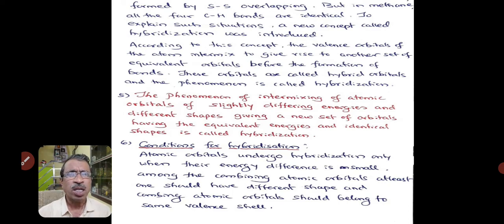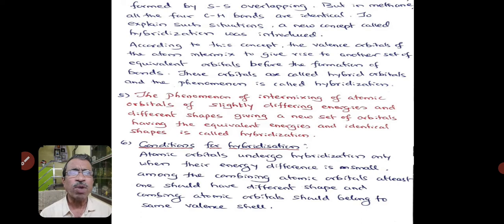Hybridization is defined like this: the phenomenon of intermixing of atomic orbitals of slightly differing energies and different shapes, giving a new set of orbitals having equivalent energies and identical shapes, is called hybridization.